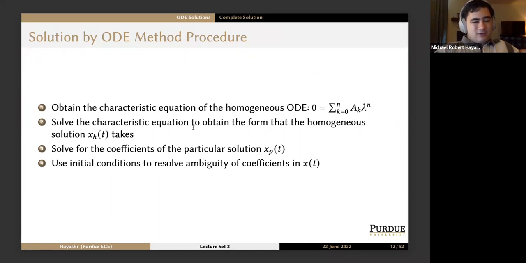And then next, we solve for the coefficients of the particular solution x_p for our given forcing function. And finally, we'll use initial conditions to resolve ambiguity of coefficients in the complete solution x of t. So we'll use these 4 steps as a guide. We'll expand some of these, because the second step is usually a few steps and the third step is usually many steps. So let's see what we can do.